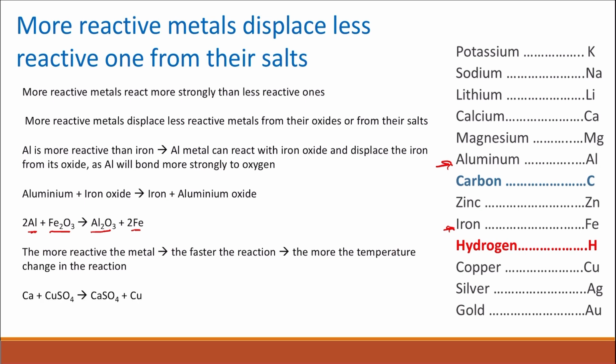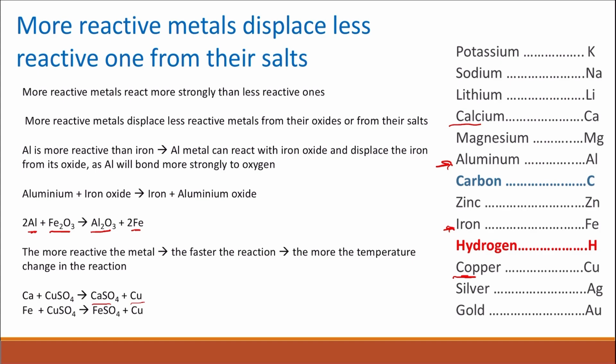For example, we have a reaction with calcium, and we can see that calcium is above copper in the reactivity series. So calcium can react with copper sulfate as a copper salt. It can displace the copper from its salt. That will give calcium sulfate and copper.